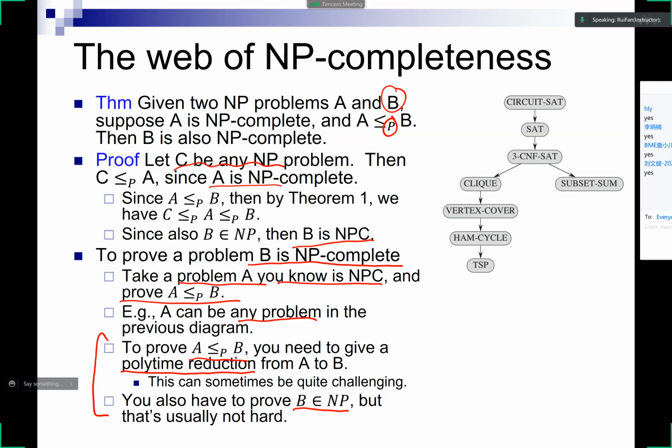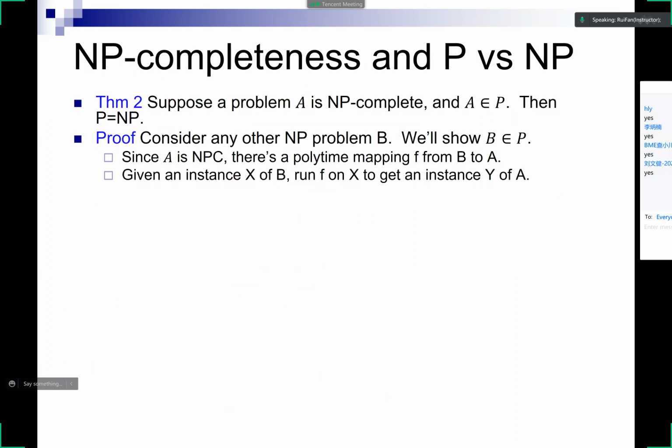Okay, so I'm just going to say a few more things before we take a short break. The next thing is I said that NP complete is a very useful class of problems to study this P versus NP problem. And so now we're going to see why. Suppose you have a problem A which is NP complete, and suppose you can somehow show that A is also in P. So suppose you found one of these very hard NP problems, and you also found a polynomial time algorithm for this problem.